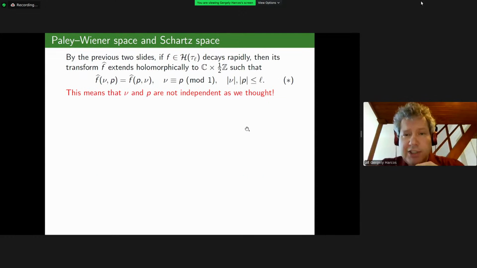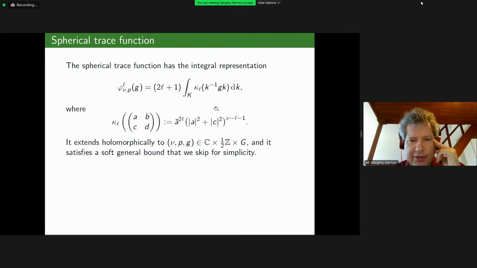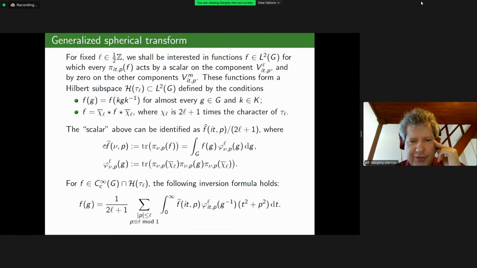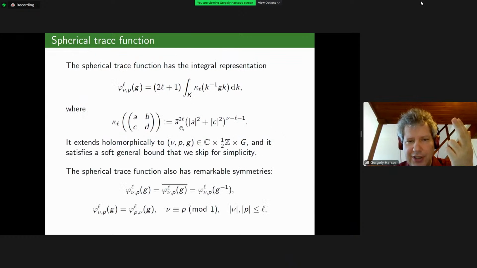Because then by the previous two slides, if the function f decays rapidly, then if we scroll back, the spherical transform was cooked up from the spherical trace functions with this f and g. Then all these symmetries possessed by the spherical trace function in the new p parameters will be inherited by the spherical transform.